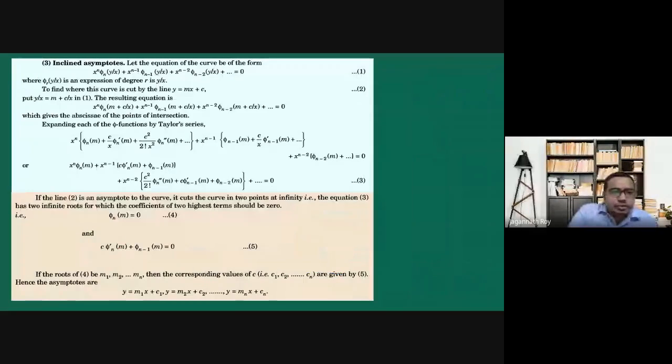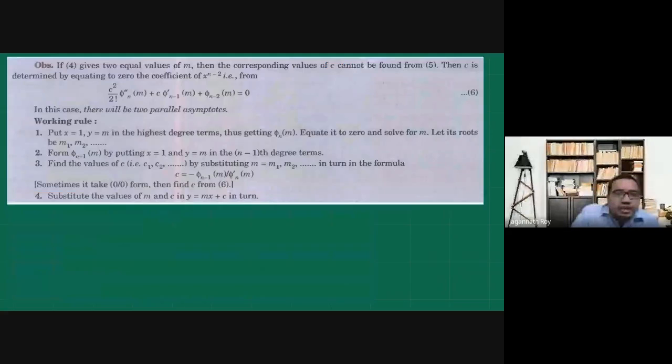Okay, for inclined asymptotes, for such types of functions, I would recommend B.S. Grewal, from which this is taken. The formulas and derivations you can go through if you are interested, but I will explain only the mechanism, the working rule.